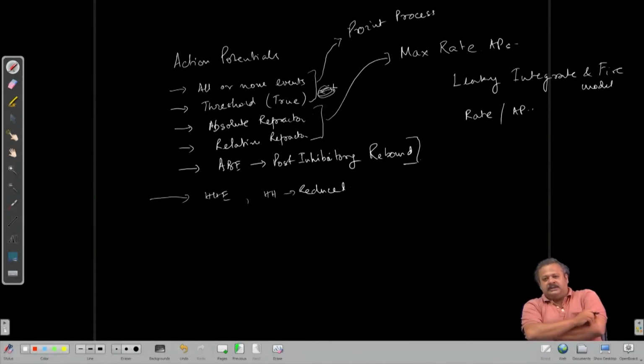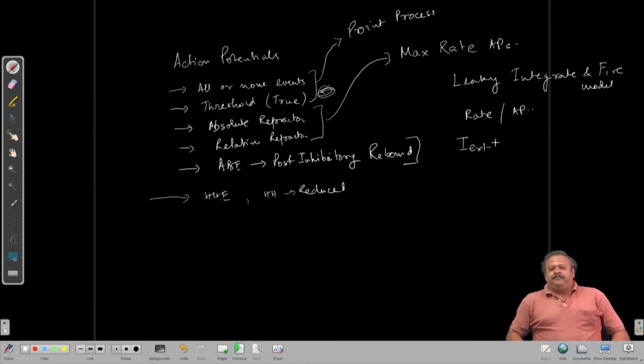And in these cases, what we model in more detail is the I external going into the neuron model. So if we can get a better idea of what the input currents are onto the neuron, then our probability of firing or firing rate over time can be estimated to a very good degree, and we can understand a variety of things, as we will see later on in the lectures.